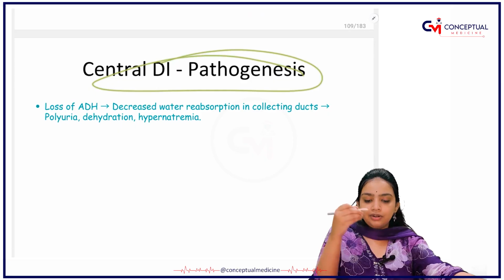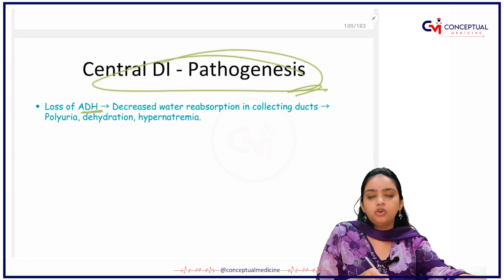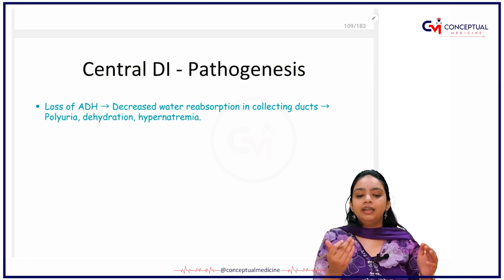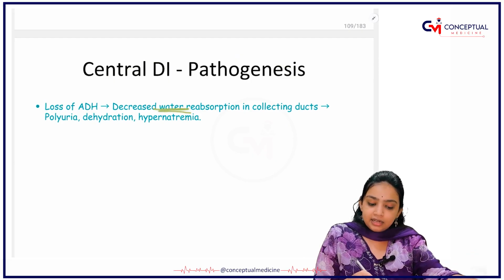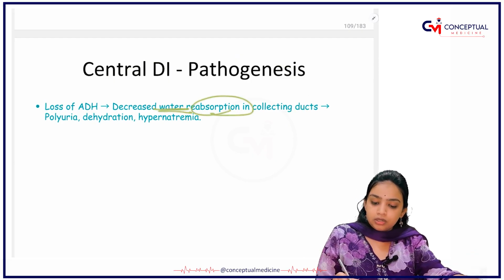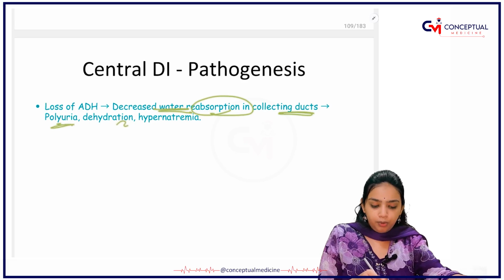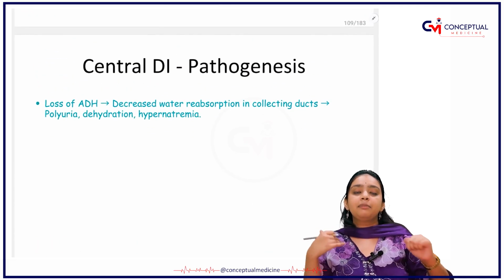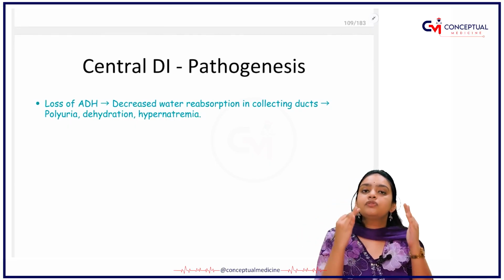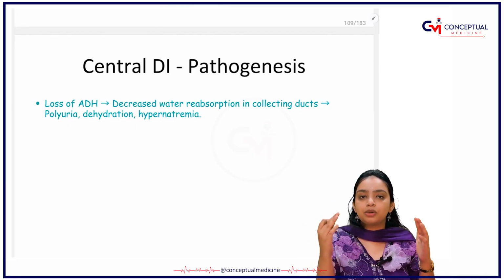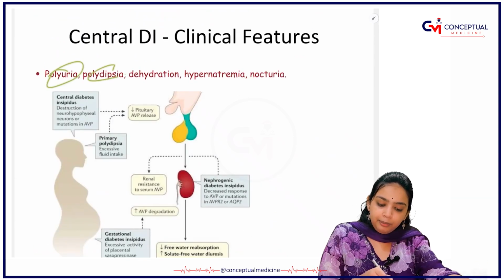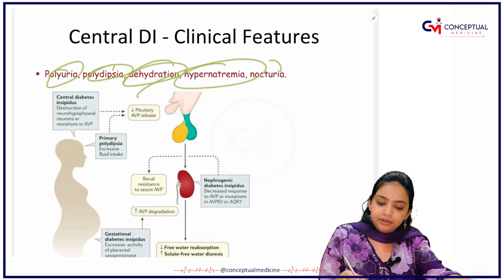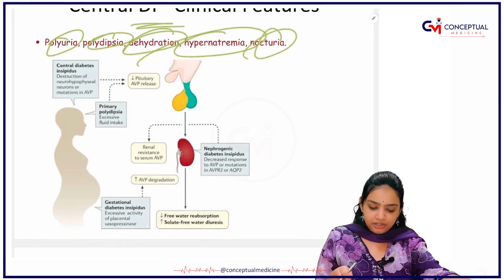In central diabetes insipidus pathogenesis, there is loss of antidiuretic hormone, resulting in decreased water resorption in the collecting ducts, polyuria, dehydration, and hypernatremia. What is hypernatremia? Increased sodium in the blood. The clinical features are polyuria, polydipsia, dehydration, hypernatremia, and nocturia.